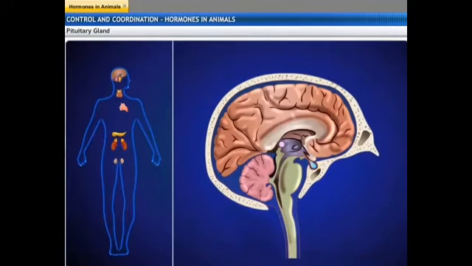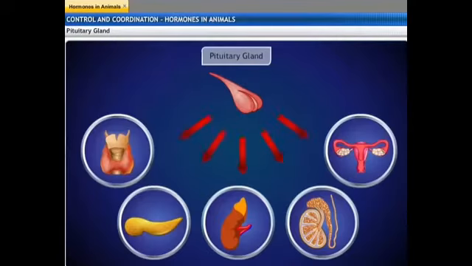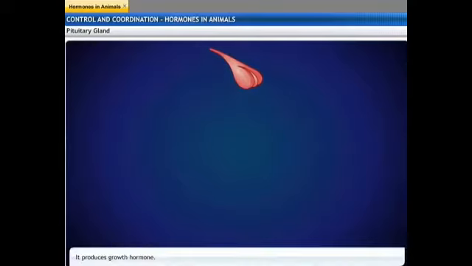The pituitary gland is said to be the master gland of the entire body. It releases a lot of hormones which control and coordinate the important regions of the body. Here in the diagram we can observe the important structures.